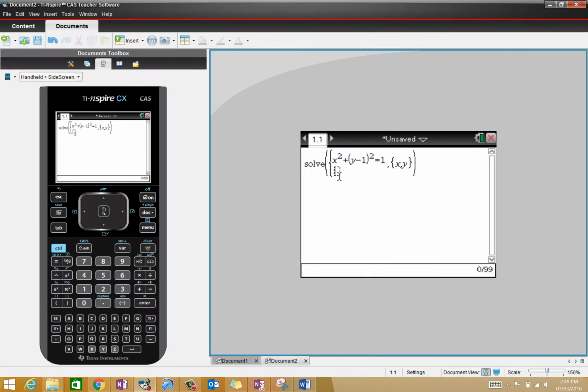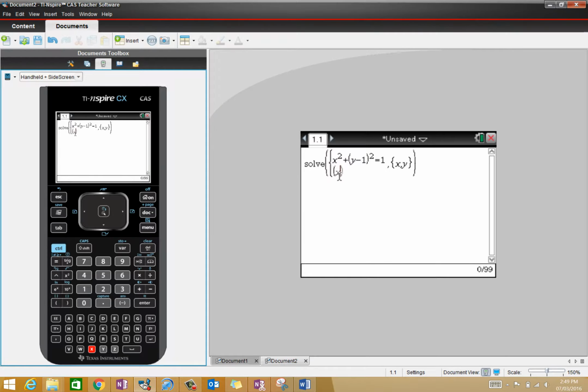And the other one was, correct me if I'm wrong, (x minus 1) all squared plus y squared, and that is equal to 1 as well. There we go. x equals 0 and y equals 0, or x equals 1 and y equals 1.